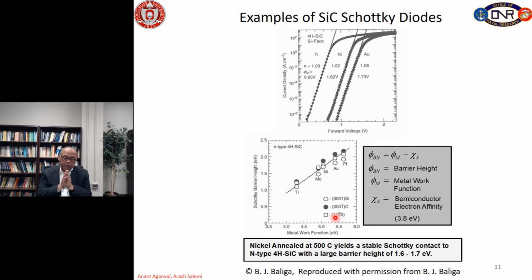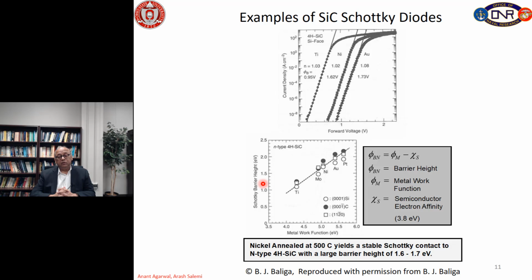If the contact region between the metal and semiconductor has a lot of defects and traps, then this is not true. But we are fortunate that it is true for silicon carbide. We can choose higher work function metal, and we can get higher barrier height.